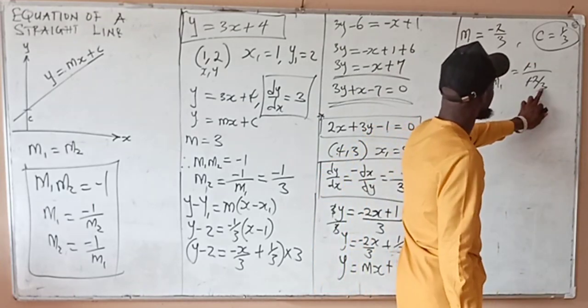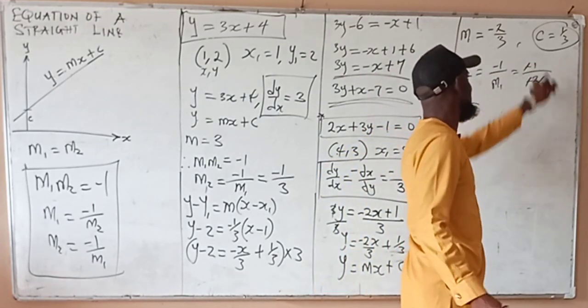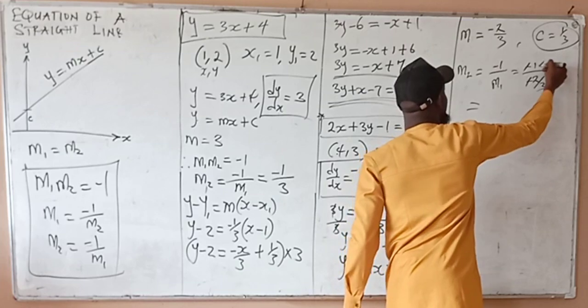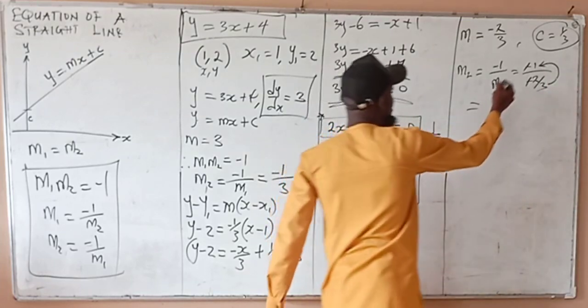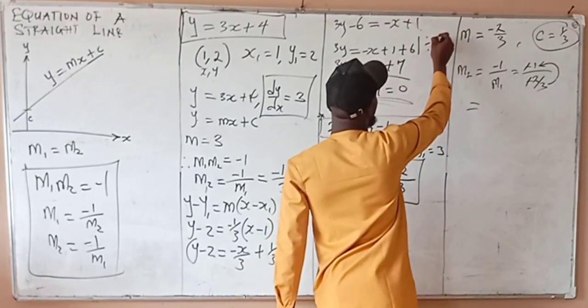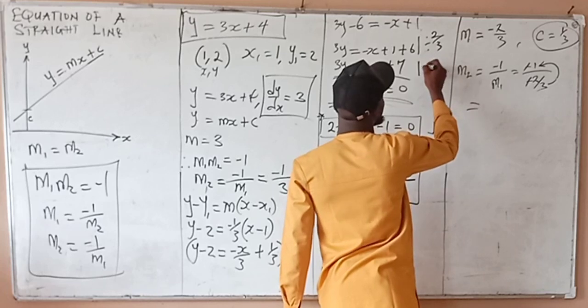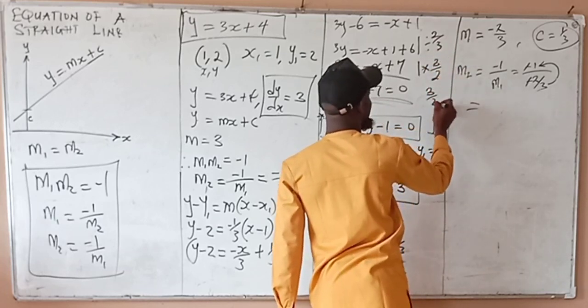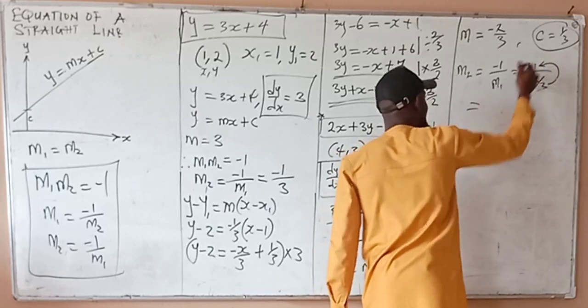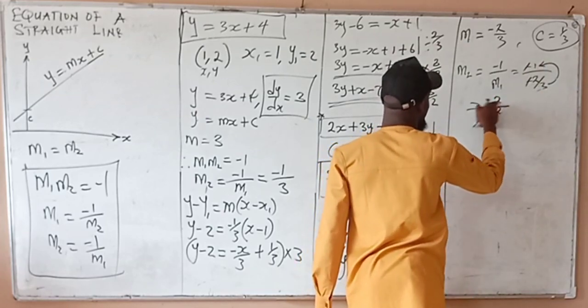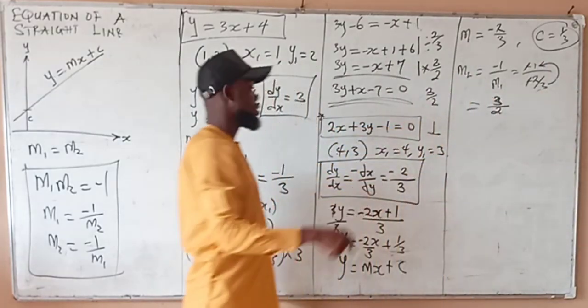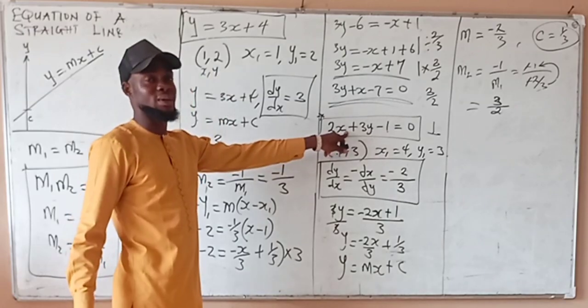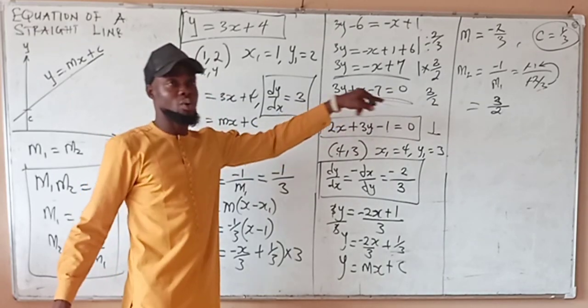We're going to have 3 times 1, so 3 over 2. Or you can just say 1 divided by 2 over 3: 1 times the inverse, 3 over 2. So the gradient of the line perpendicular to this is 3 over 2.